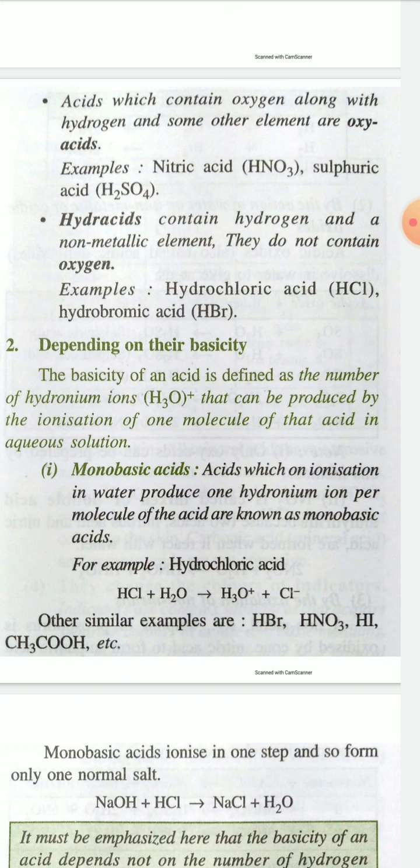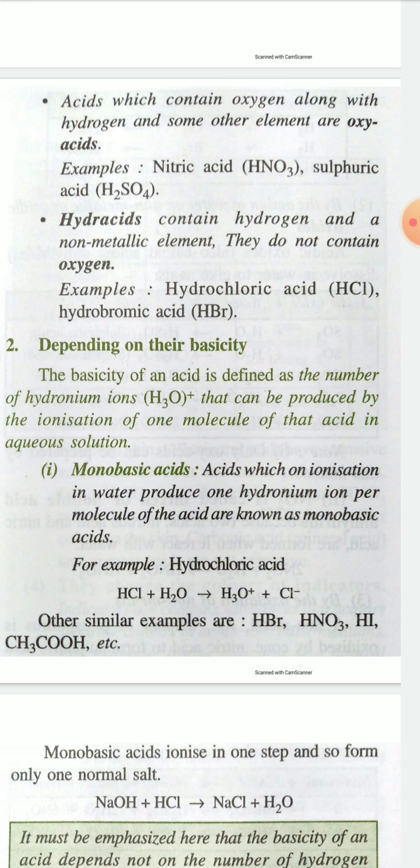If two H3O+ ions are produced by the acid, then it is a dibasic acid. If one H3O+ ion is produced, then the acid is monobasic. If three H3O+ ions, then it is called a tribasic acid.